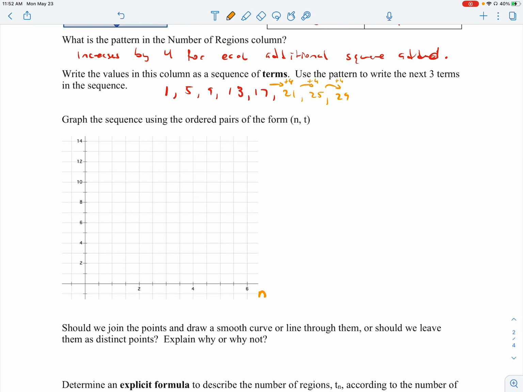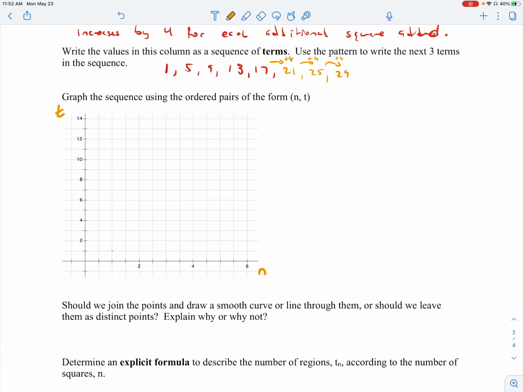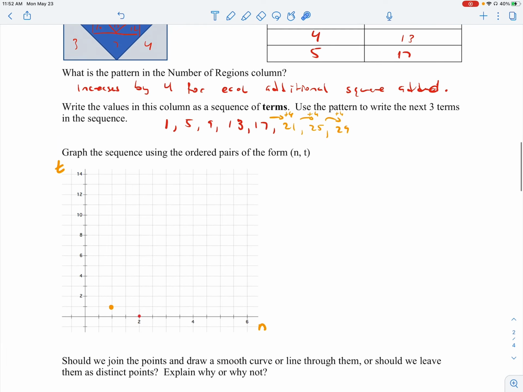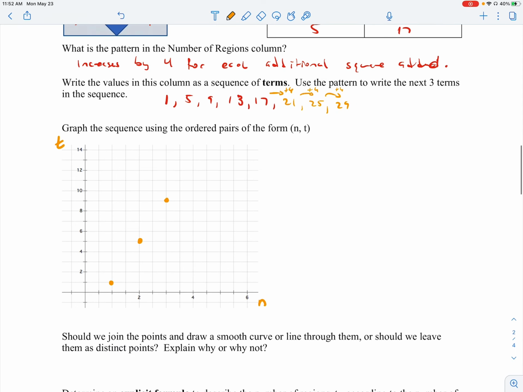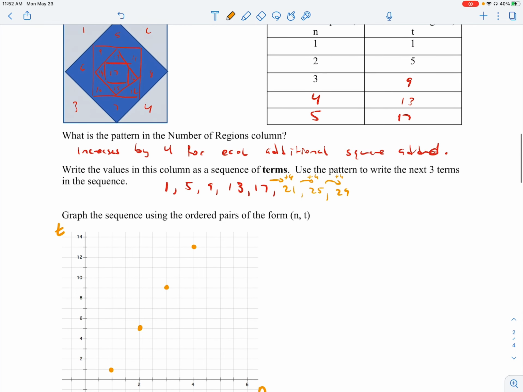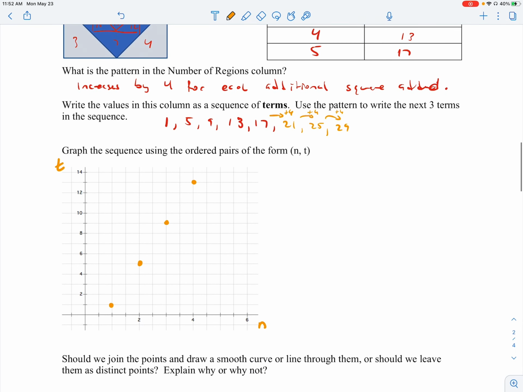Oh, it looks like my 1 was in the wrong spot here. 1, 1 would be here. 2, 5, I would have to go up to 5. That'll be right there. 3, 9 would be up here. And then 4, 13 would be here. And that's probably all we're going to get for that.